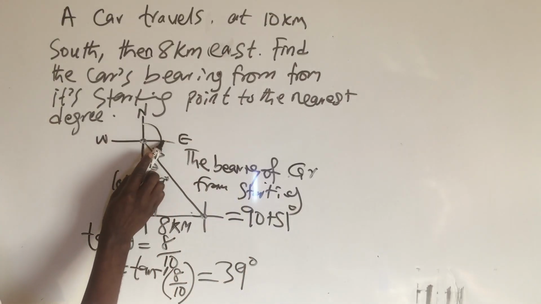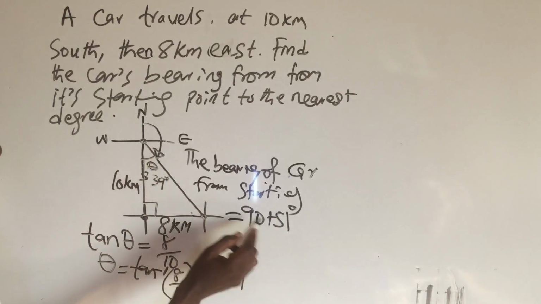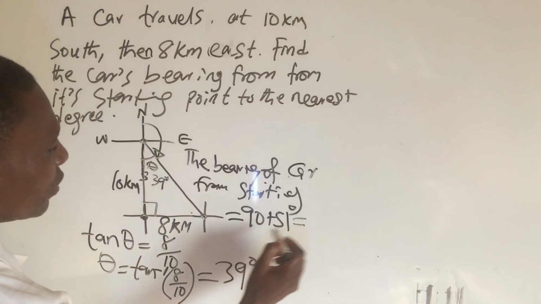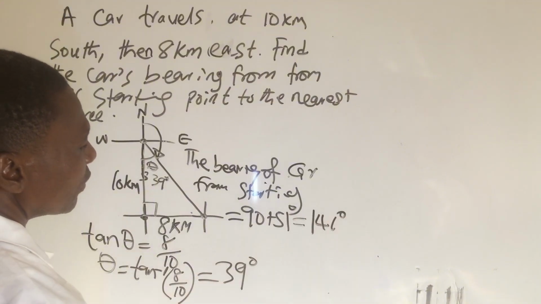Remember that from here to here is 90, and when you subtract 39 from 90, it will remain 51. We now add it to 90, and it gives us 141 degrees.